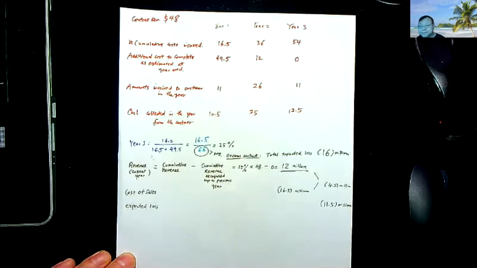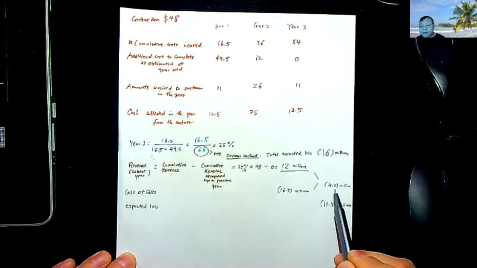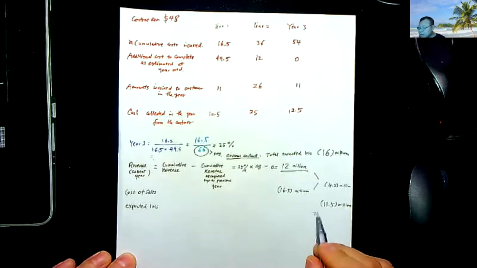You can calculate this by 16 minus 4.5, or it is 75%, the percentage yet to be completed, times the expected loss. So 75 times 16, what is that?